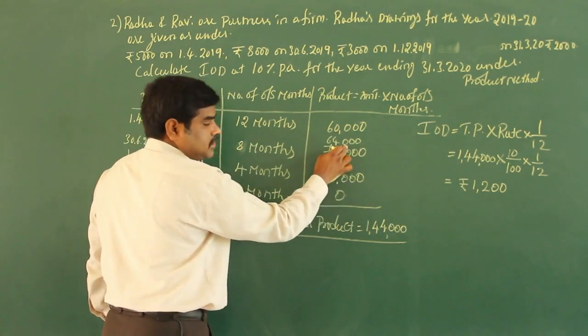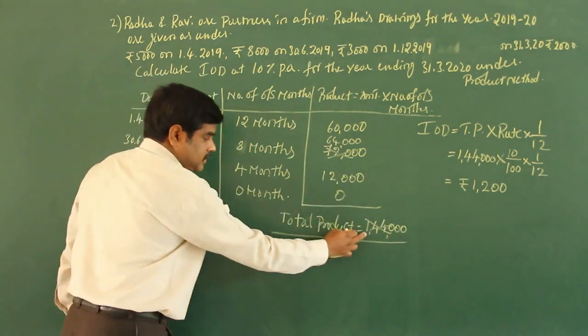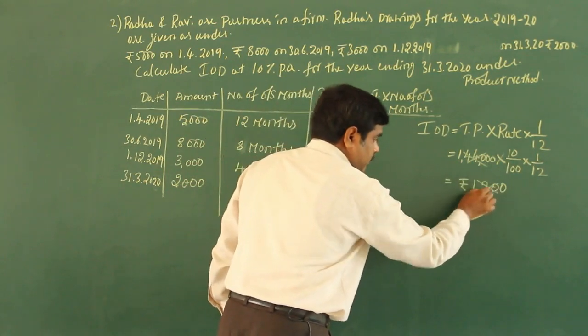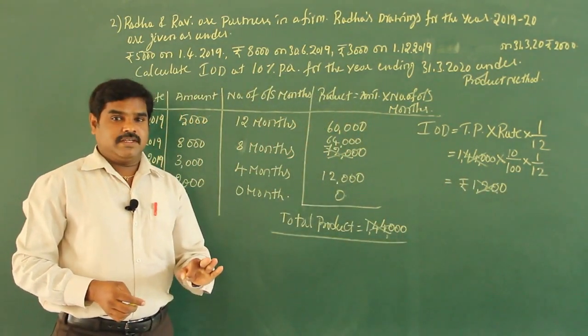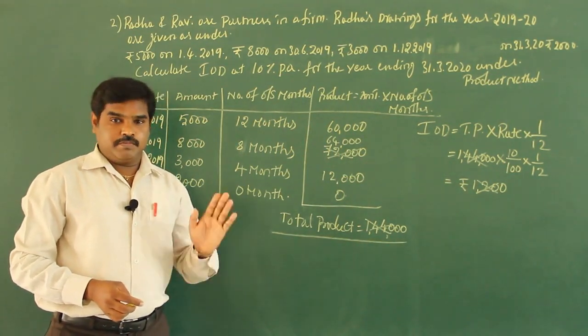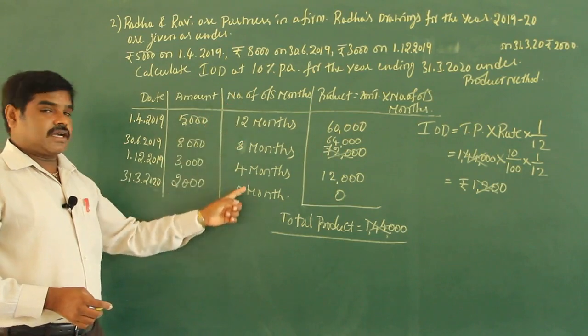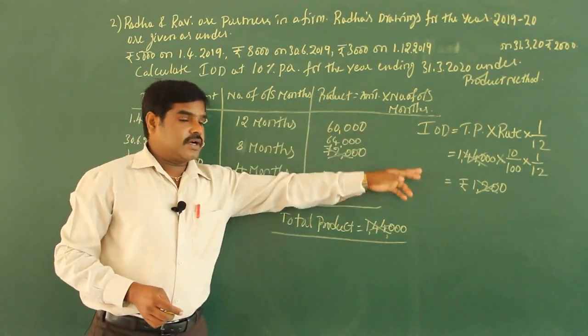When this becomes 64,000, the total will be wrong, and then the interest and final answer are also wrong. So out of 6 you will get only 3 or sometimes 4 marks. So be careful while calculating the number of outstanding months. If you calculate them correctly, automatically you get the correct product, total product and final answer.